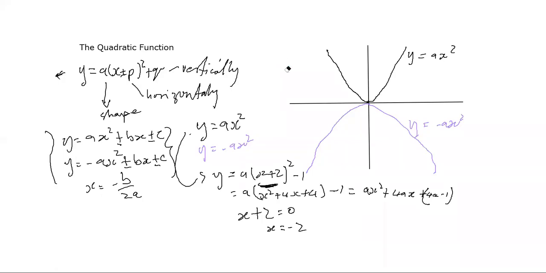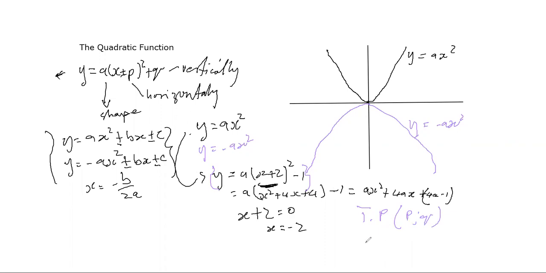So let me look into this graph here. I will try and use a different color. What is happening here is that if I'm looking for the coordinates of the turning point, you should always know it will be p and q.